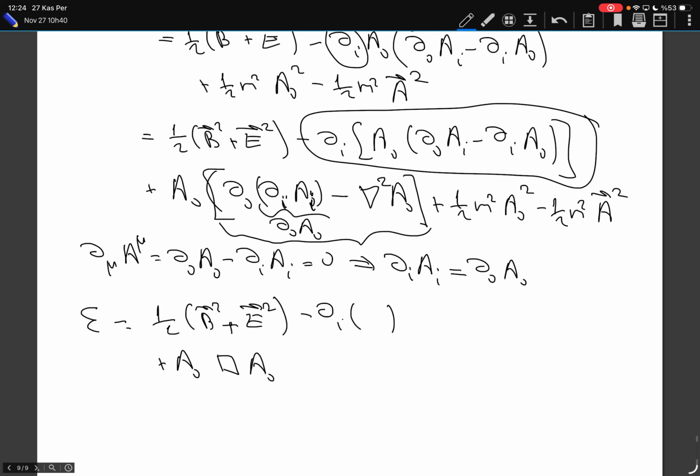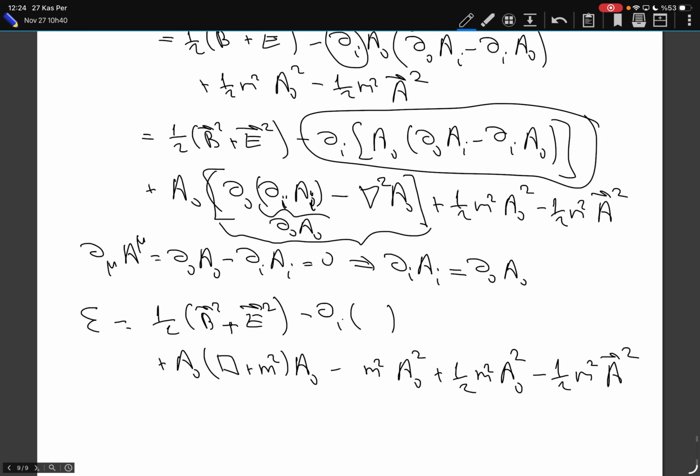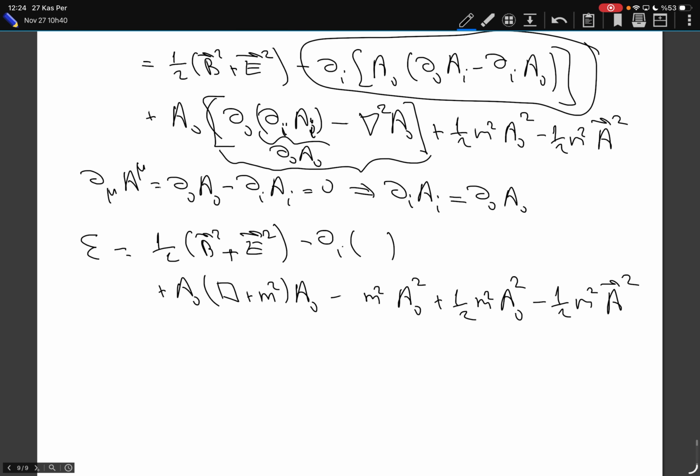And plus 1 over 2, well, let me also write it slightly differently, plus m squared acting on A0 minus m squared A0 squared plus 1 over 2 m squared A0 squared minus 1 over 2 m squared A squared. Okay, I have a sign problem somewhere.